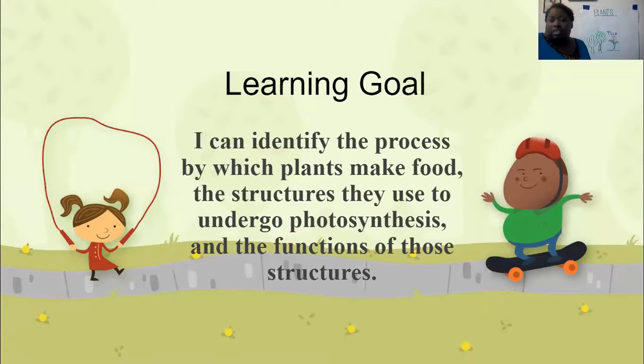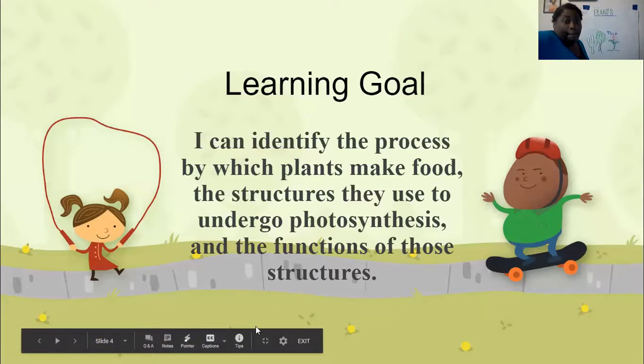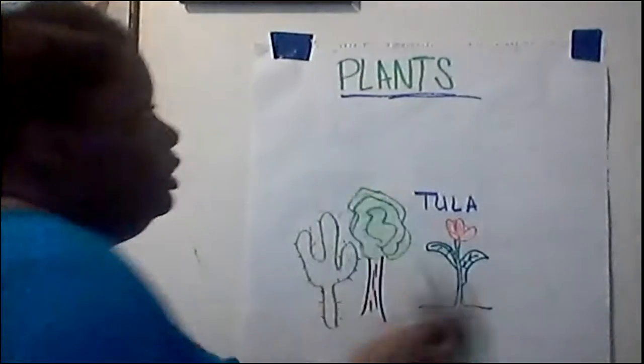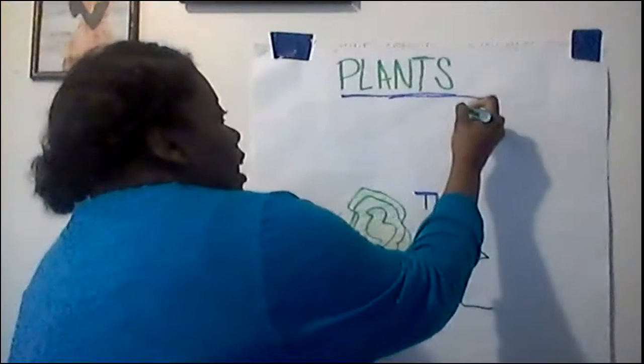So let's address that second part, the structures that they use to undergo photosynthesis. So again, all plants undergo photosynthesis because they have plant cells.